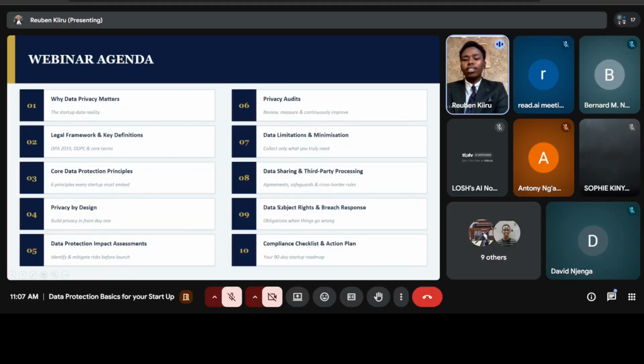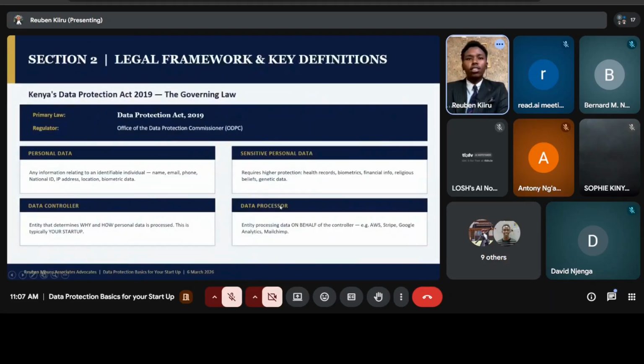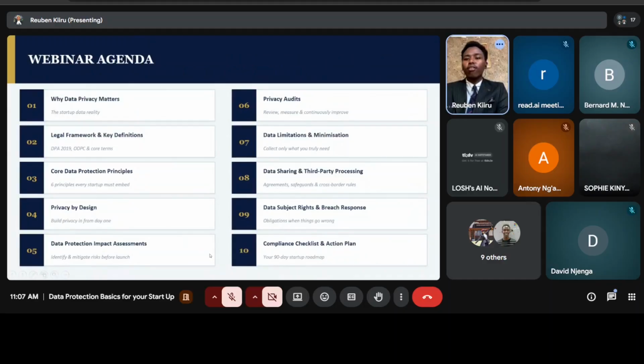Data privacy by design. We're going to discuss a few other elements regarding privacy audits, and we're also going to discuss compliance and data sharing and data impact assessments.